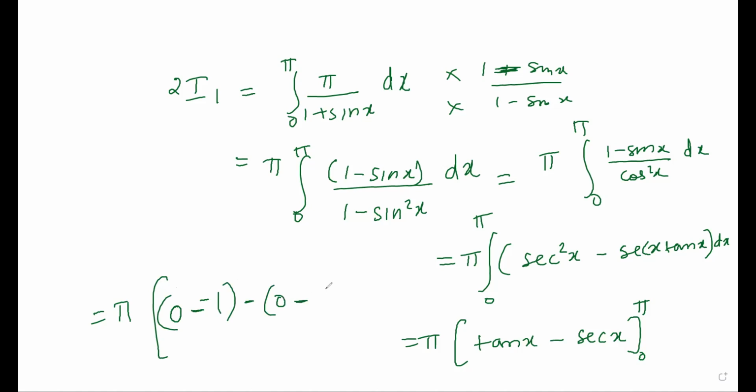What is sec 0? 1, isn't it? So you'll get 1 plus 1. So here you'll get 2 pi. So I got 2I1 as 2 pi. So I1 is pi. Just cancel 2 on both sides. You'll get I1 as pi.